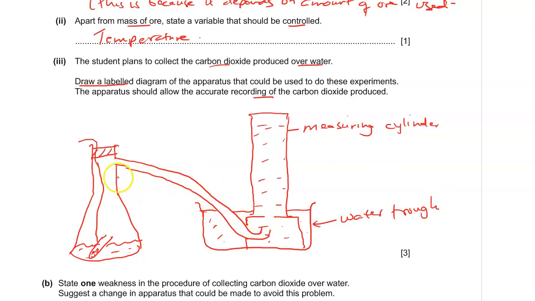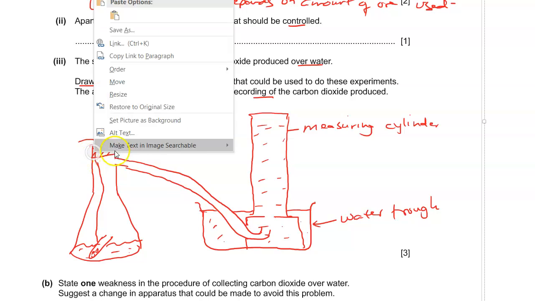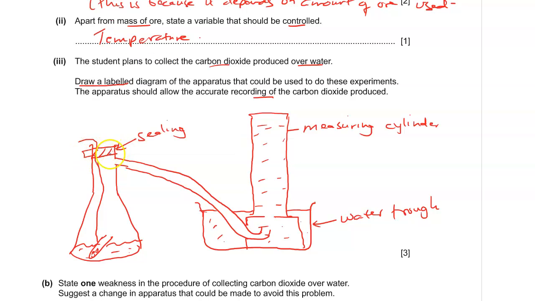Of course, this should be sealed so that no gas escapes. You need to have your clamp here. This is your clamp to hold the conical flask.